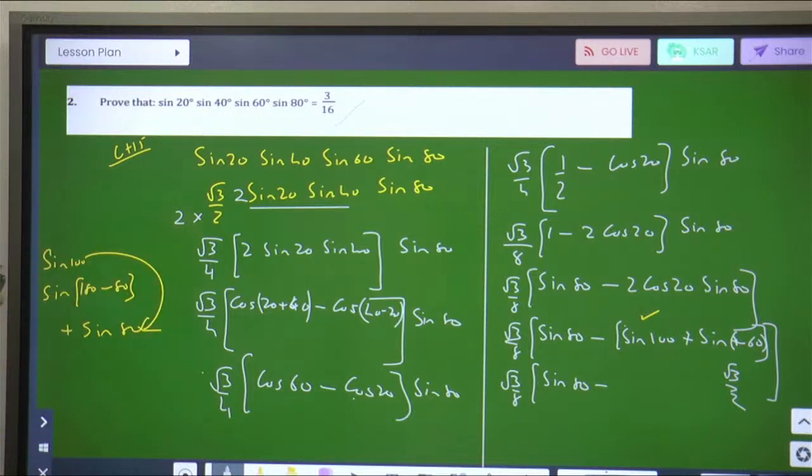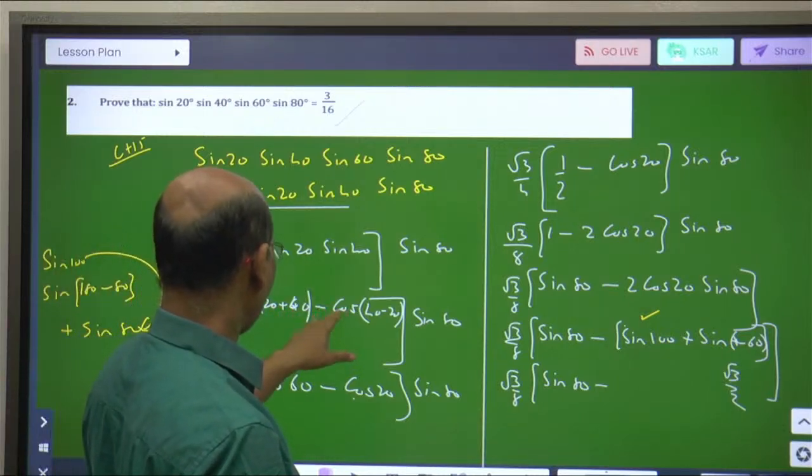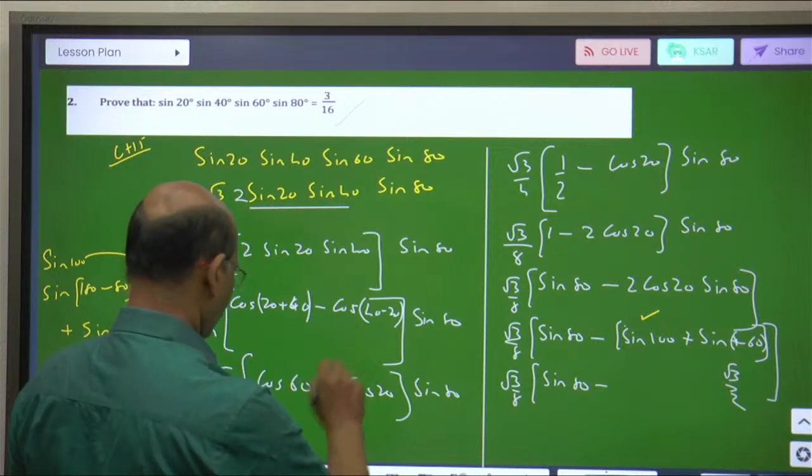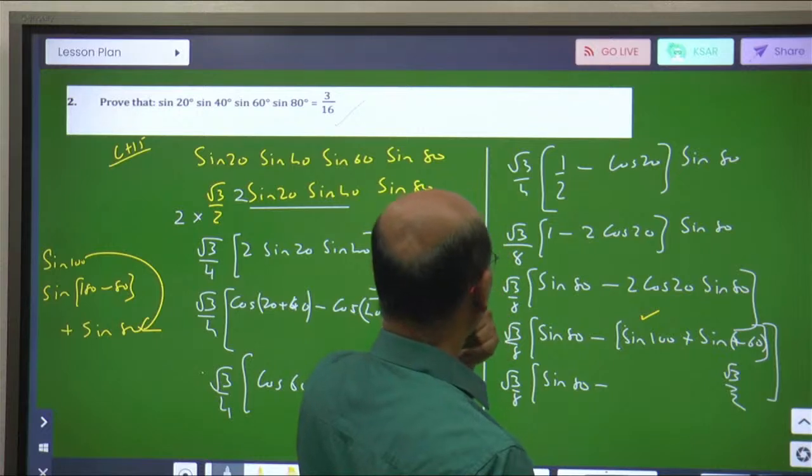There is some formula error there. 1 minute. cos of a plus b minus cos of a minus b, but it will be the same thing.